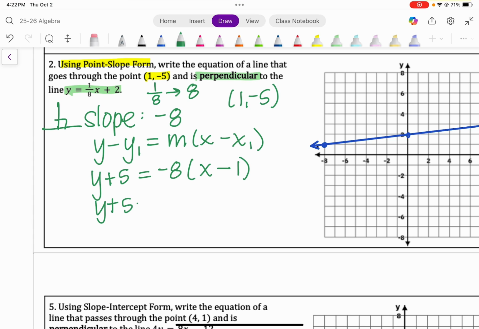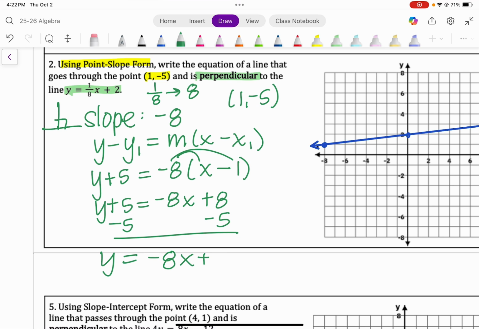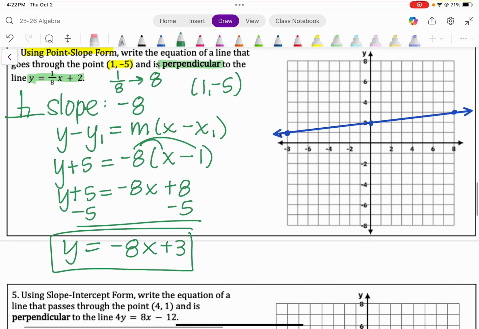So y plus 5 equals negative 8x. Negative 8 times negative 1 would be plus 8. And when we move the 5 over, we're going to subtract. So y equals negative 8x plus 3. And I wanted to go through 1, negative 5.